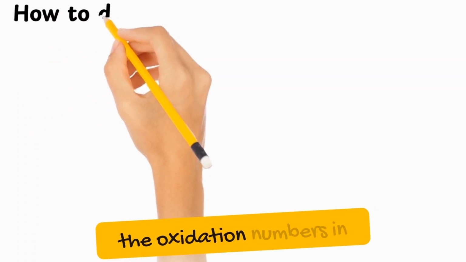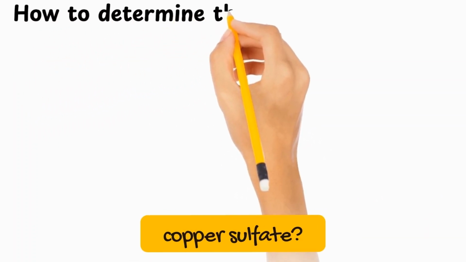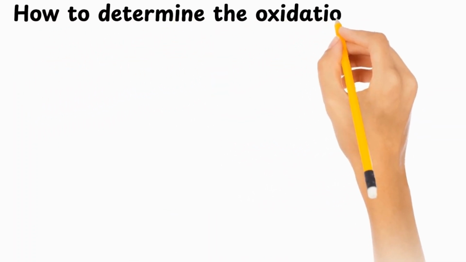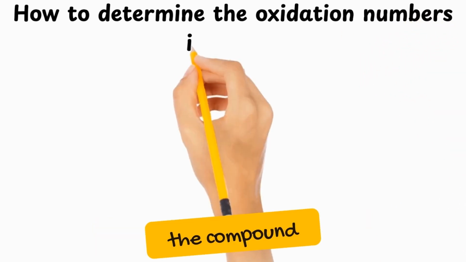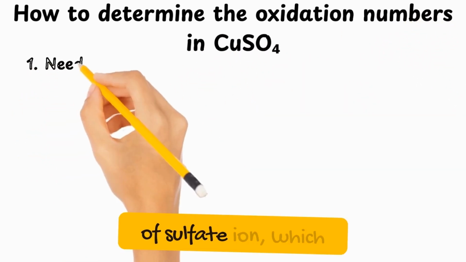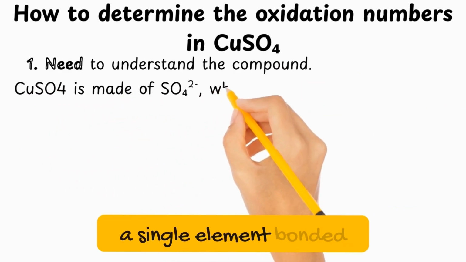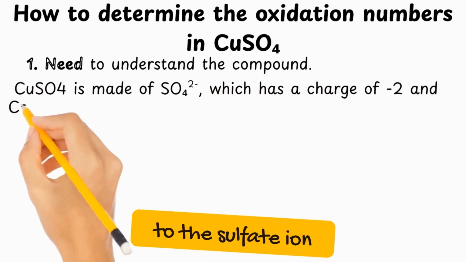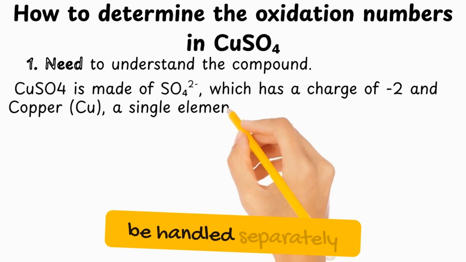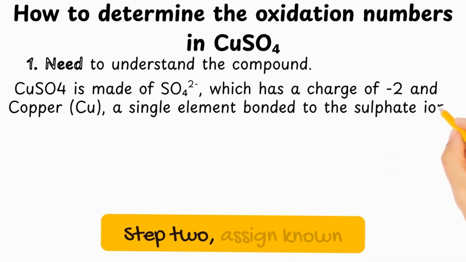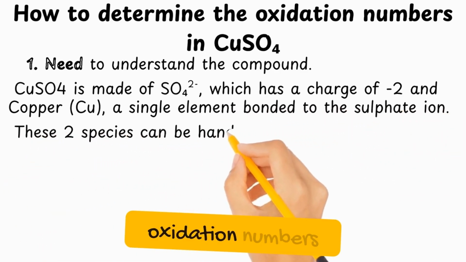How do you determine the oxidation numbers in copper sulfate? Step 1. One needs to understand the compound. Copper sulfate is made of sulfate ion, which has a charge of -2, and copper, a single element bonded to the sulfate ion. These two species can be handled separately. Step 2. Assign known oxidation numbers.